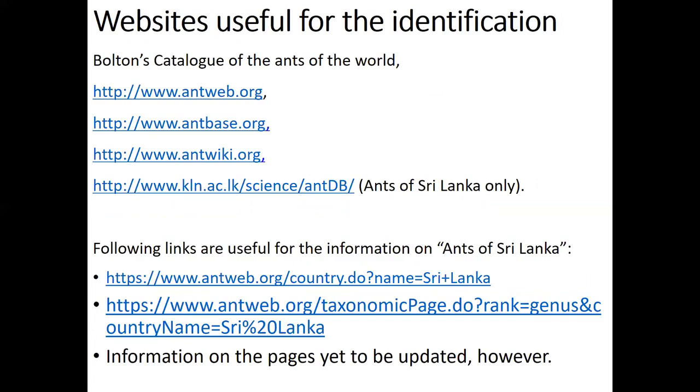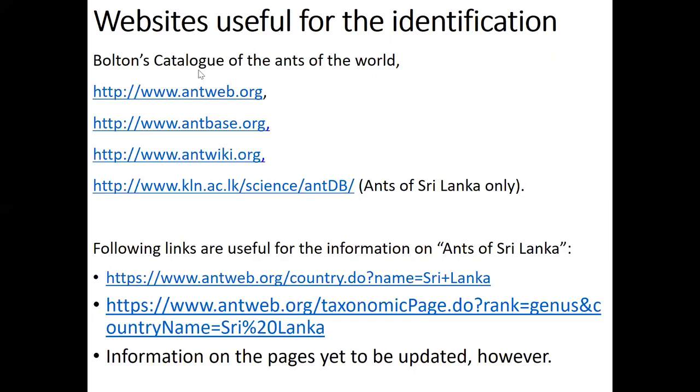If you are planning to do research in the future on ants, you can find the most important references listed there. Papers published by us are also added there, and most of them can be downloaded from the relevant website.